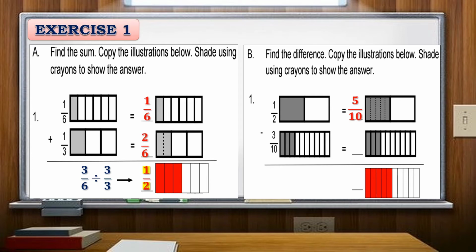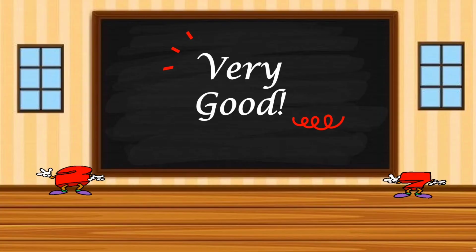Now we can solve them. 5/10 minus 3/10 is 2/10. 2/10 is not in the lowest term, so we will find the greatest common factor to reduce it to lowest term. The greatest common factor of 2 and 10 is 2. So 2 divided by 2 is 1. 10 divided by 2 is 5. Our final answer is 1/5. Did you get it right? Very good, kids.